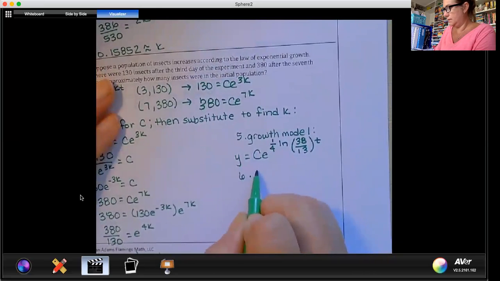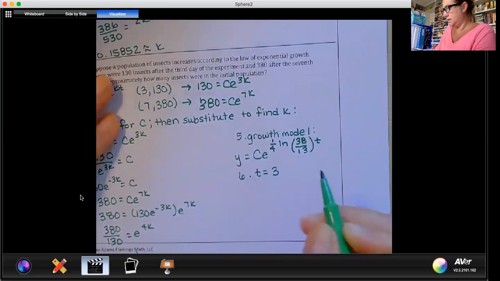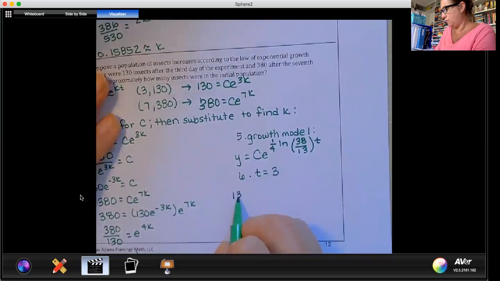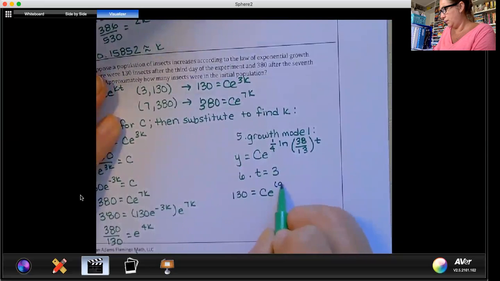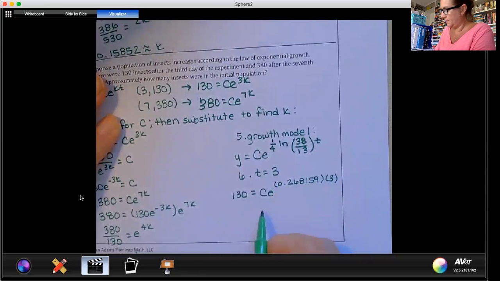And then when t equals 3, we have 130 equals Ce to the 0.268159 times 3. And C would give me approximately 58 insects initially.